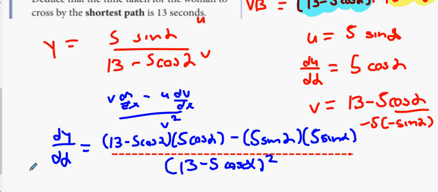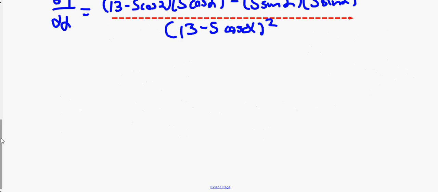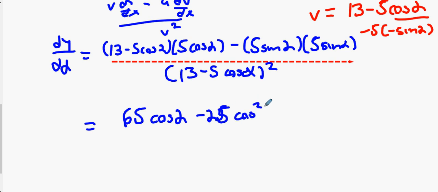Now, let's multiply all this out. What we should get is 13 multiplied by 5 cos is 65 cos alpha minus 25 cos squared alpha minus 25 sine squared alpha.